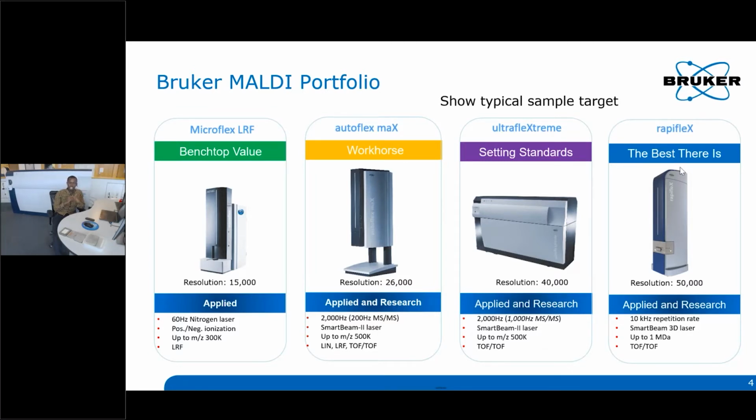It comes with a 10 kilohertz laser, which means basically it can turn around your imaging experiments in a very short amount of time. A Smart Beam 3D laser, and can also go as high as 1 million Dalton in terms of molar mass. And it's also a ToF instrument which is capable of doing MSMS experiments.